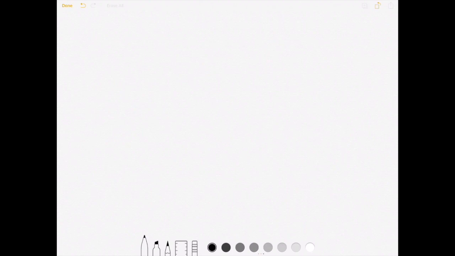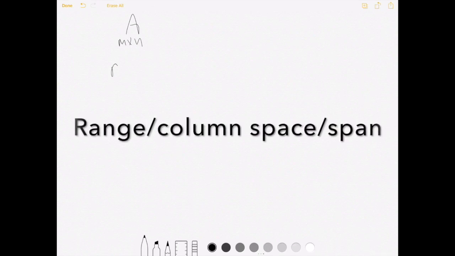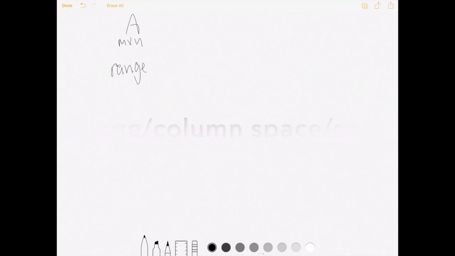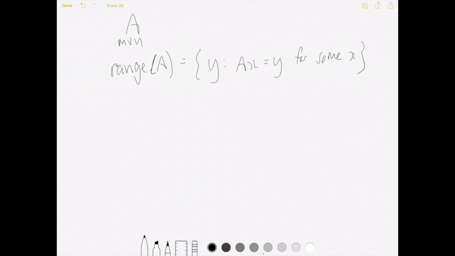Okay, let's finish with a few quick definitions. Let A be an m by n matrix. Then we define the range of A to be the set of m-dimensional vectors y such that there's some vector x where applying A to x gives y.